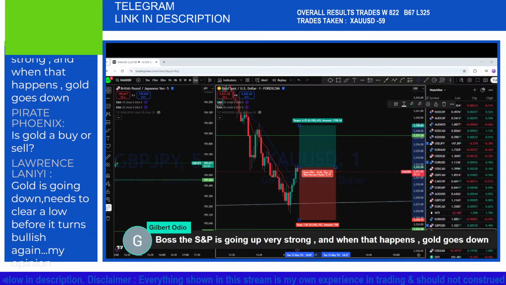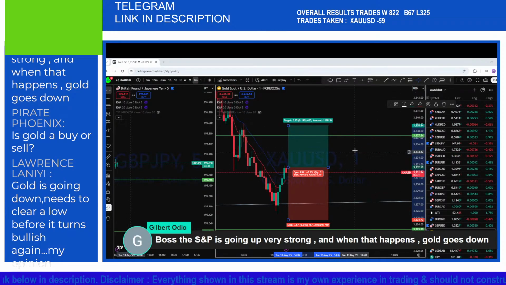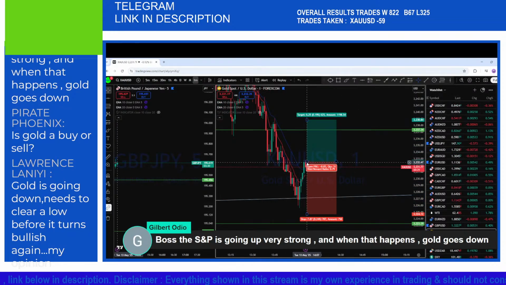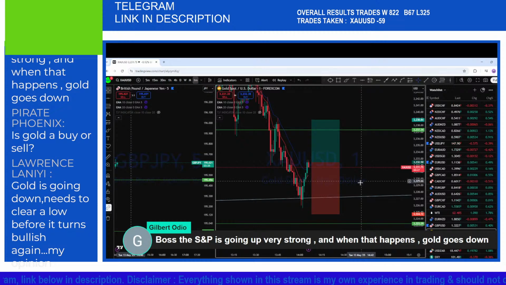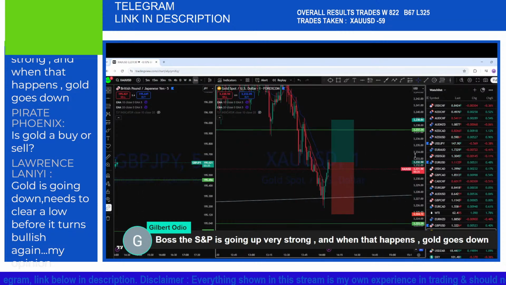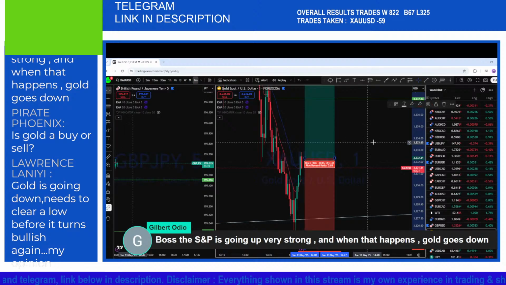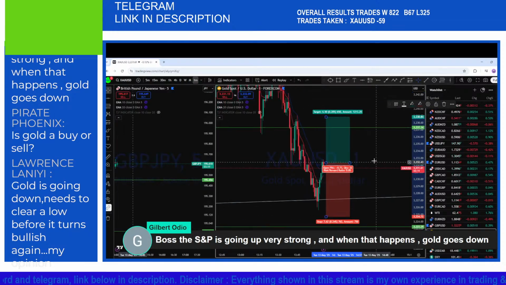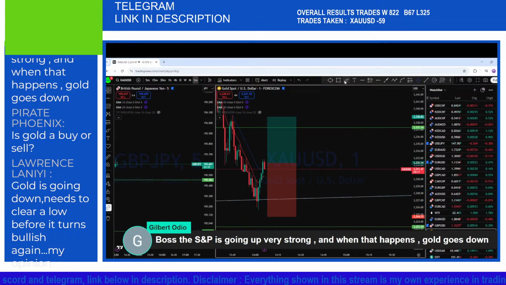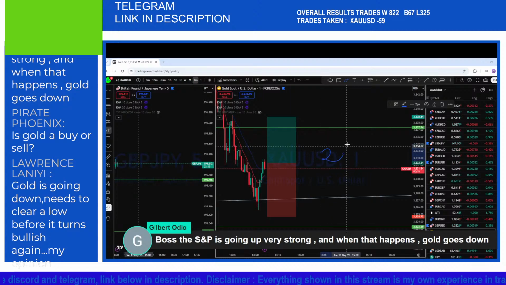So I have opened that buy from here, as there is a probability for short-term rejection from this level, and my risk here is double the previous one, not too big.